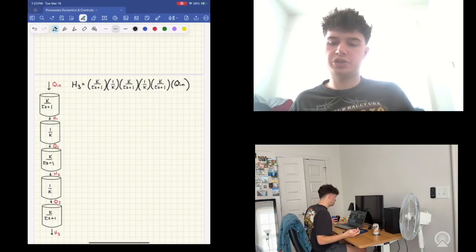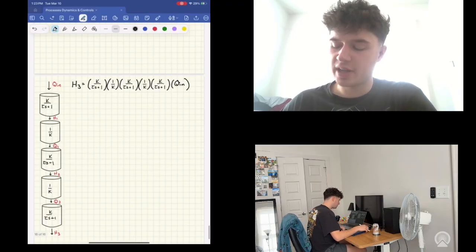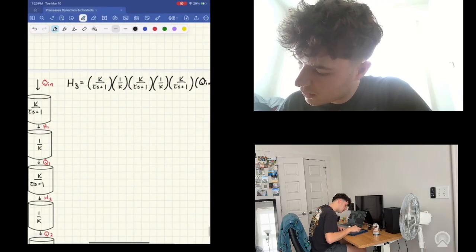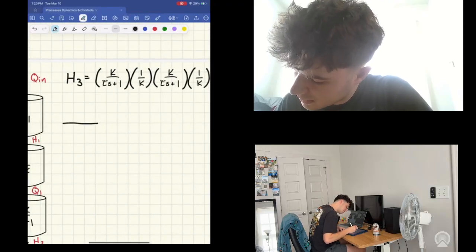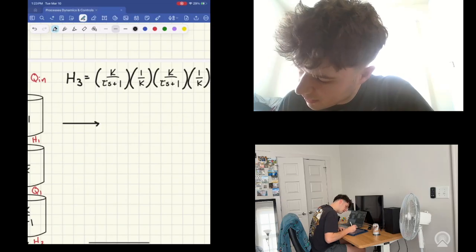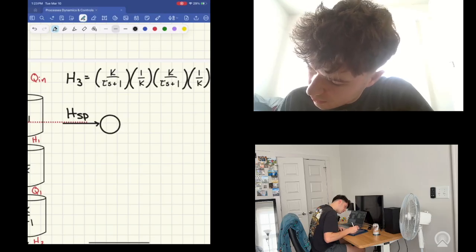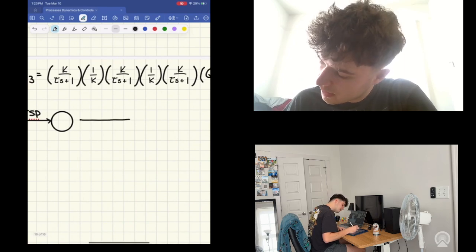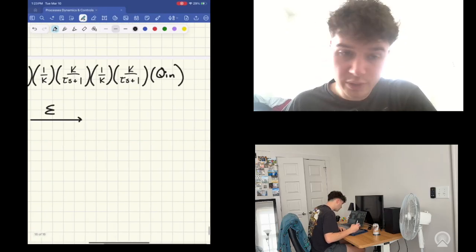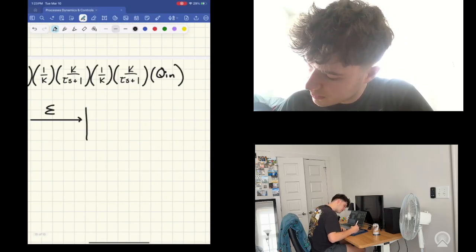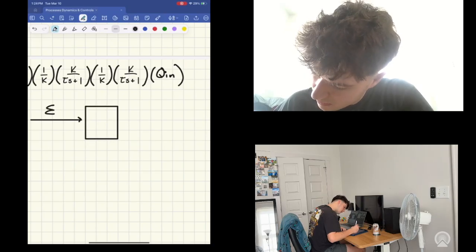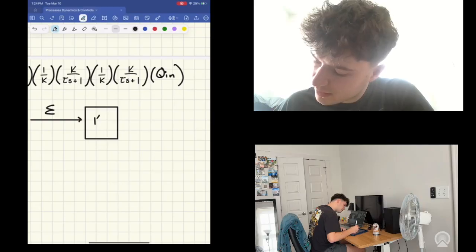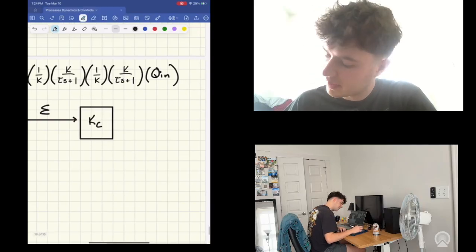So we now need to construct this loop that the question is asking for. As the arrow goes in, we will have the value of the height set point. This will be going into our controller. And then from our controller, we will have the flow of our error, in which our error will be going into another square. This square will have our KC value, which is our controller gain.